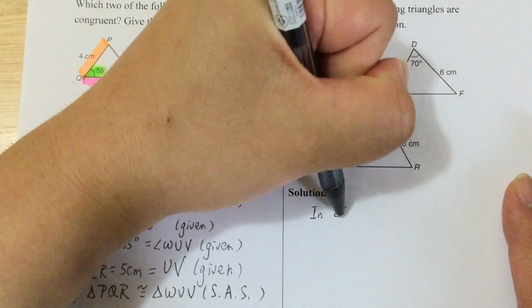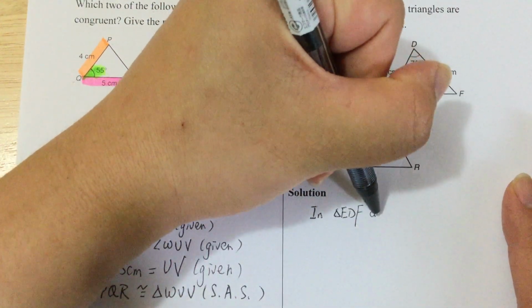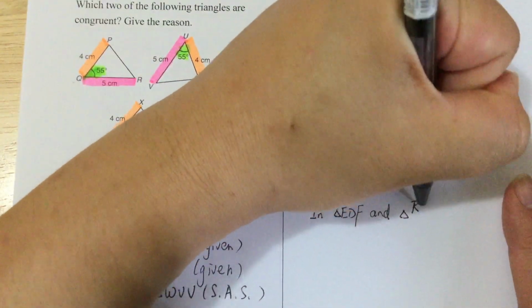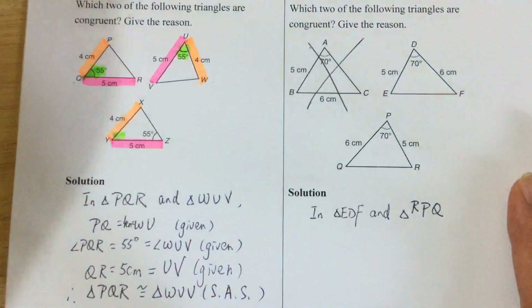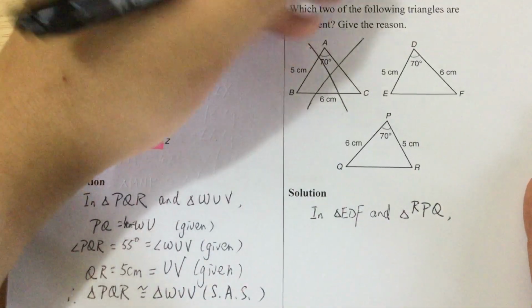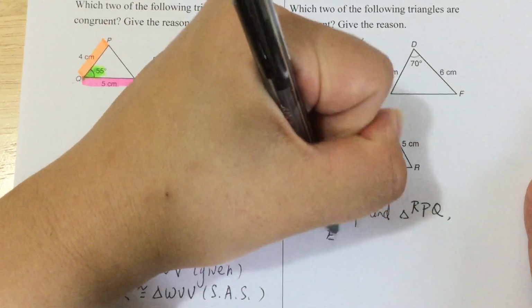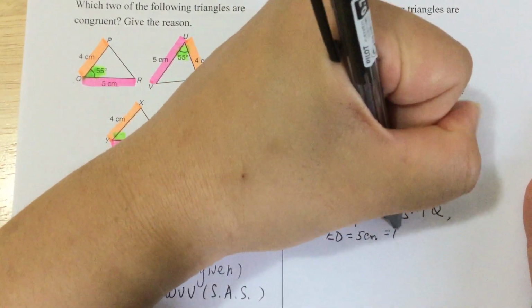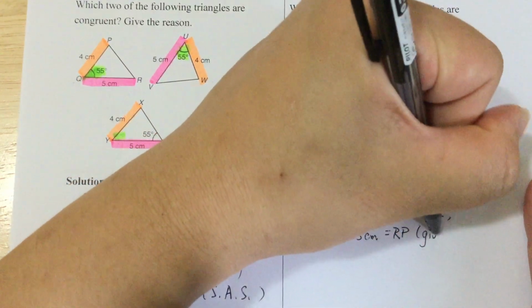Triangle EDF and triangle RPQ, so that we can write this triangle. Immediately we can write 5 cm first. ED is equal to 5 cm, equal to RP, given.